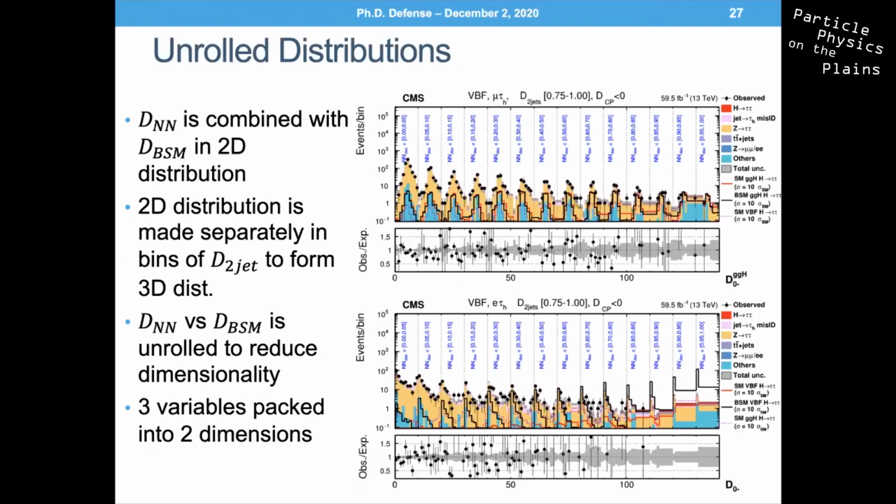And then within each neural network bin, we've got the value of the MELA discriminant for picking out GGH. So what this does is it allows us to take this 2D distribution and squash it into one dimension. So now what we've got when we include the D2 jet discriminant is 3 variables packed into 2 dimensions that we can fit with the combine tool.